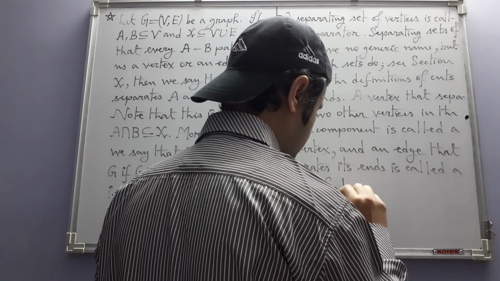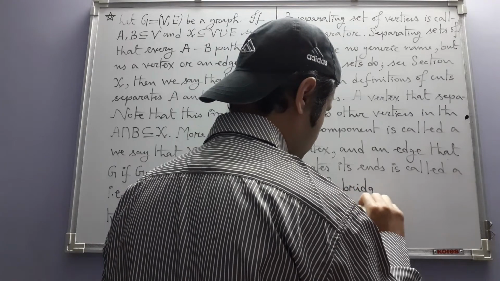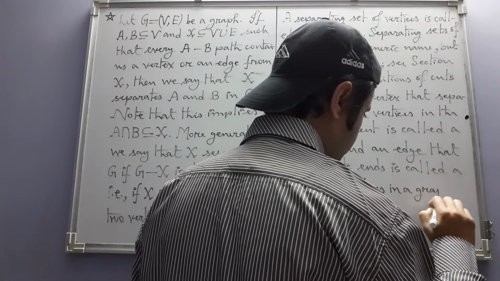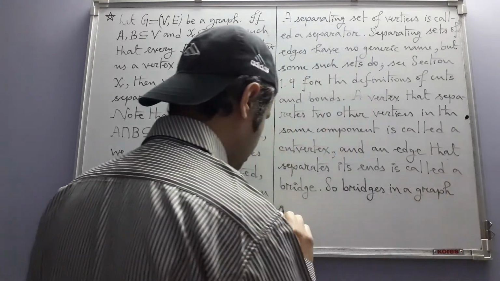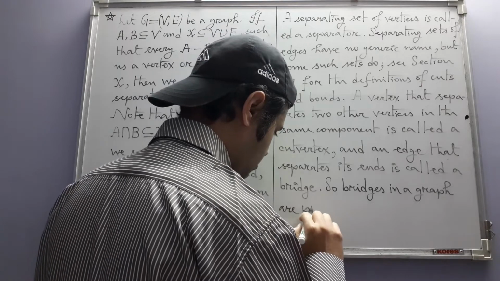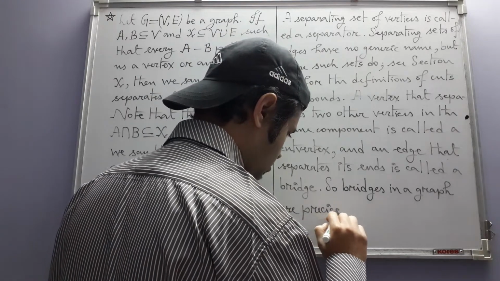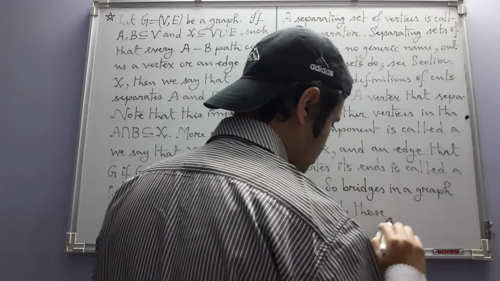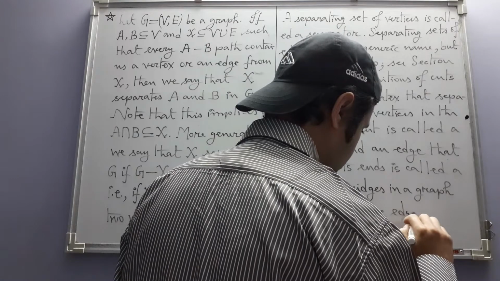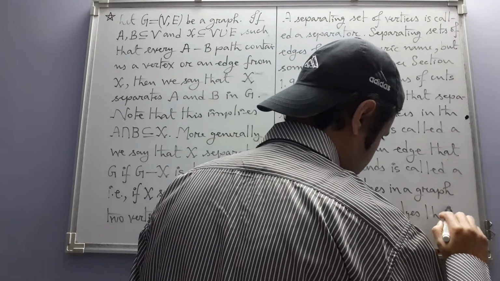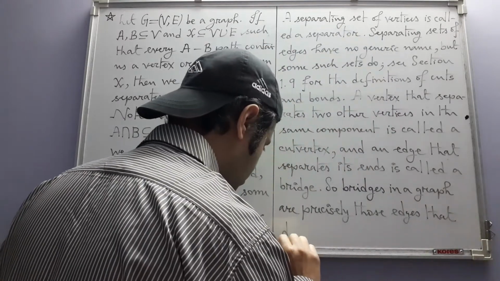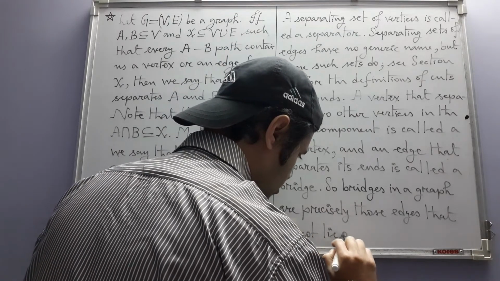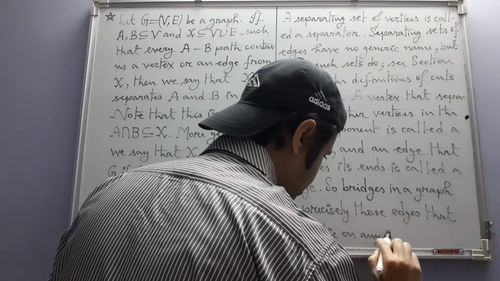So bridges in a graph are precisely those edges that do not lie on any cycle.